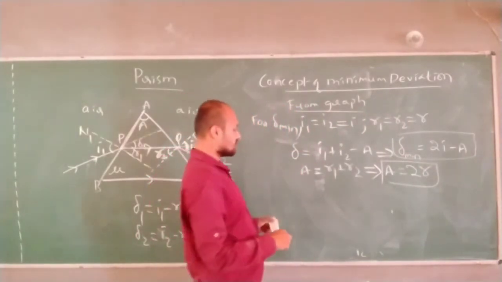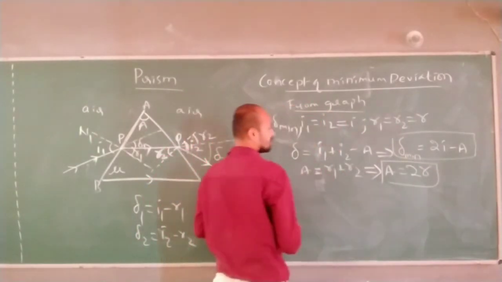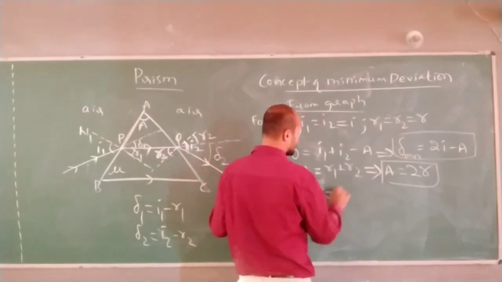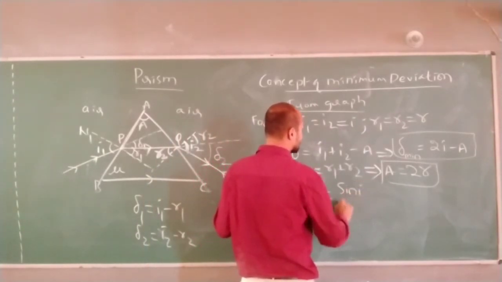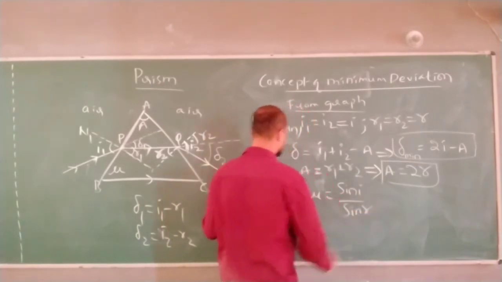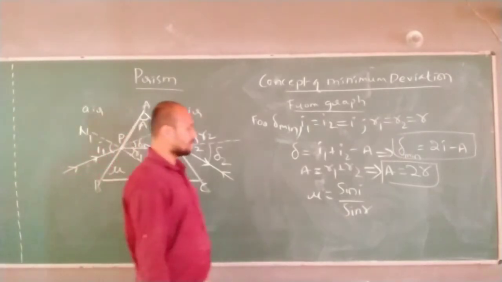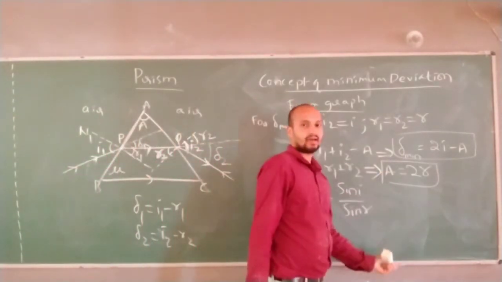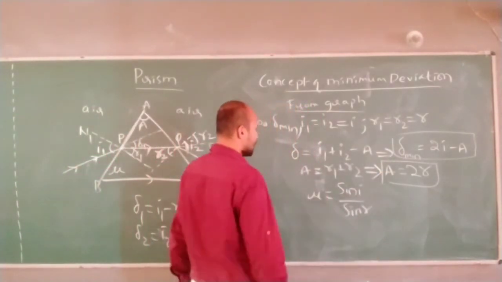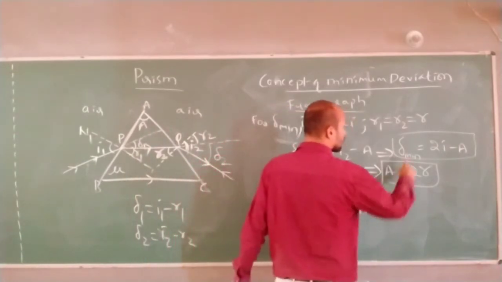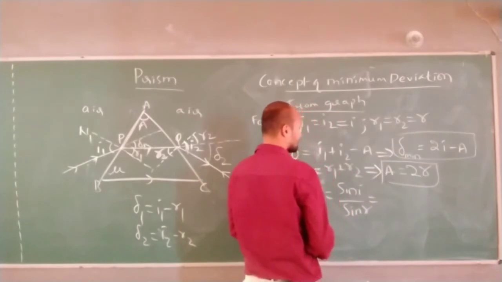From this relation, what can I still write? The refractive index of the medium, in this case, is sin I by sin R. Correct, no? When both angles are the same, it is sin I by sin R. From these two relations, what is I?